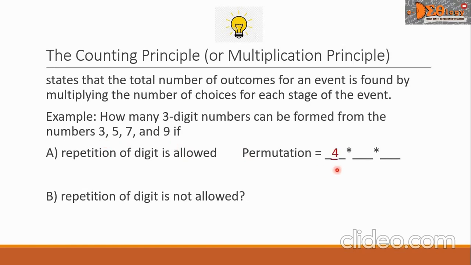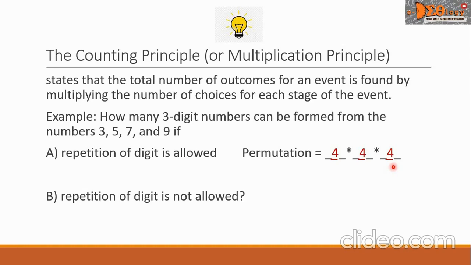So in here we can write 4. For the second blank, since repetition of digit is allowed, there will be 4 choices again. For the third blank, and repetition is allowed, there will be 4 choices also.